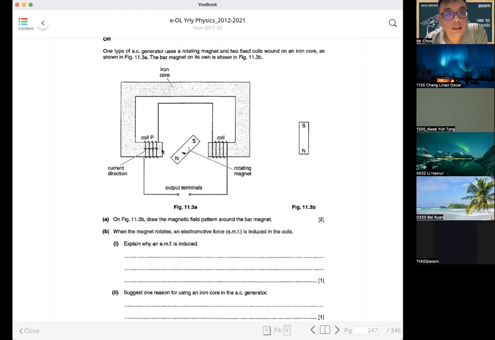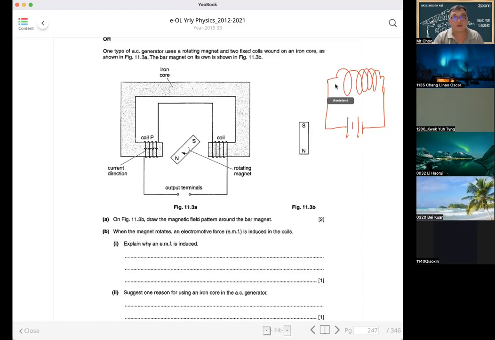Okay, so there's a reason why I put the iron core. Same thing, for example, if we want to produce an electromagnet, we can produce an electromagnet without an iron core, with just a solenoid.